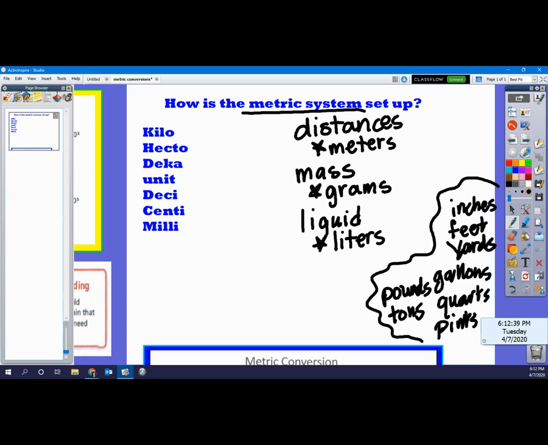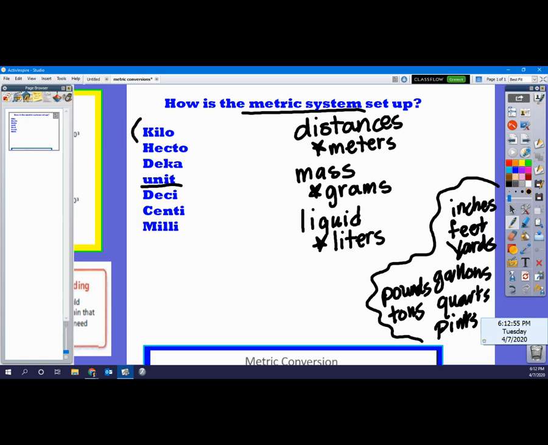Now, there are a lot of different distances and weights and volumes of liquid that need to be measured. So we don't just use one unit of meters, grams, or liters.